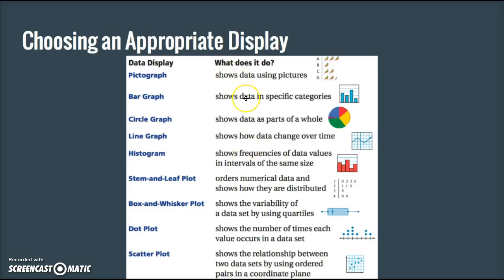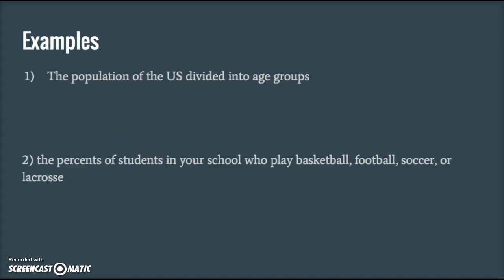Whereas with a bar graph, one bar would show everybody that's 25 and another bar everybody that's 26 and so on. Okay, so a bar graph is more specific and a histogram shows an interval. So a histogram would be more appropriate in this instance.